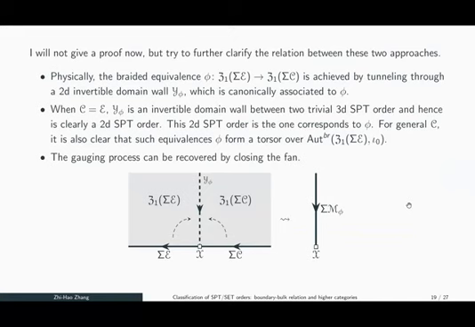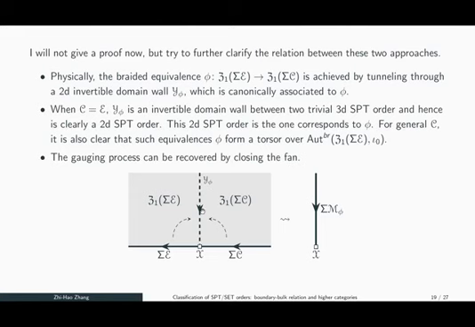And so physically, if I have a braided equivalence from the Drinfeld center of Σ E to the Drinfeld center of Σ C, this braided equivalence can be viewed as a 2D invertible domain wall, I denote by W φ, the dashed line in the following picture. And this W φ is canonically associated to this braided equivalence.